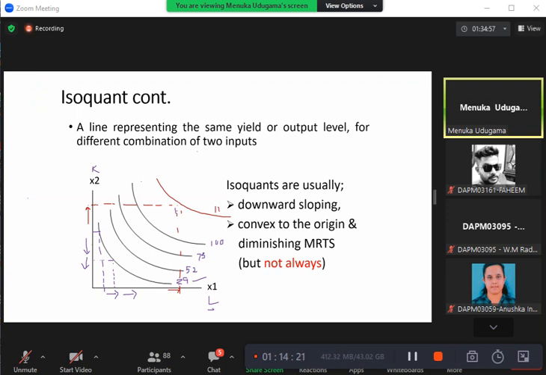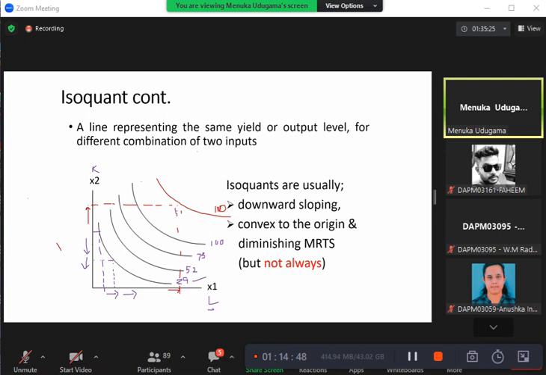Maybe this would be 110. But if you want to stay on the same level, if you increase one input, you have to reduce the other input, which we call as what? Trade-off, isn't it? We talked about this in the first day. You have to forego, that is a trade-off. We do this because there is a limitation. Resources are scarce, right?